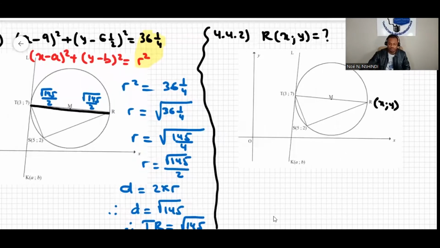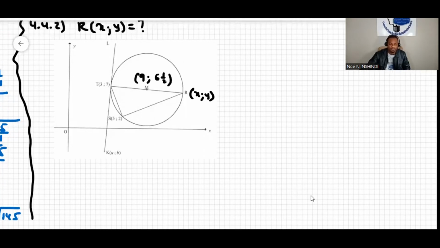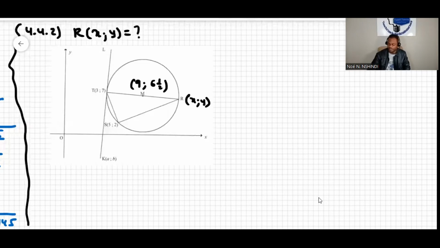So over here, the coordinates of M are (9; 6.5). M is the midpoint of TR, so we can use the midpoint formula to find R.